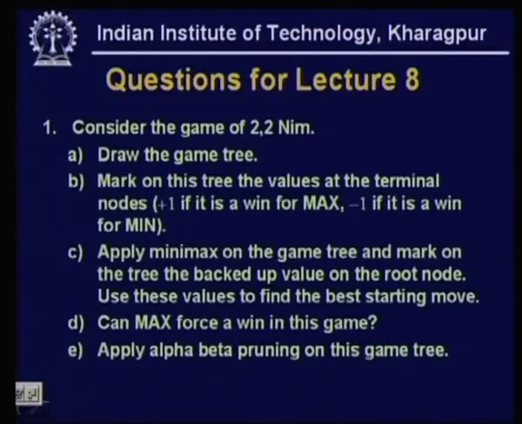So, the first question for this lecture asks you to consider the game of 2-2-NIM, that is, you start with 2 piles each containing 2 matches. So, you have to draw the game tree, part A. Part B, you mark on this tree the values at the terminal nodes. The terminal nodes will have a value of +1 if it is a win for max, -1 if it is a win for min.